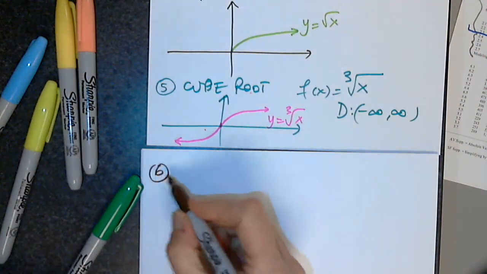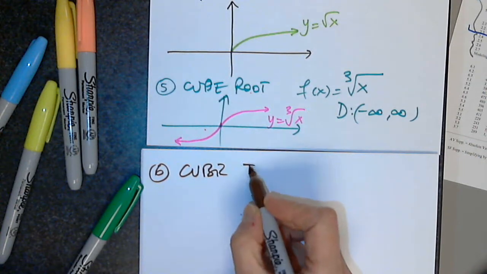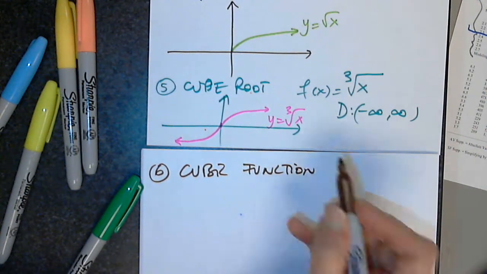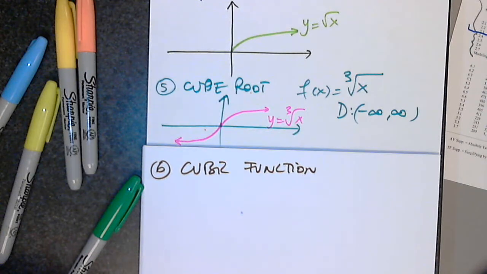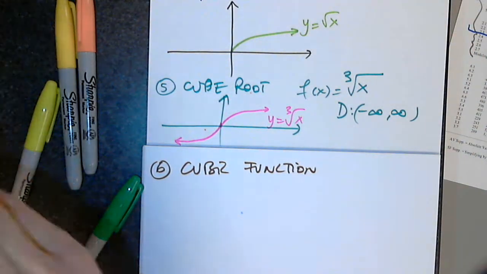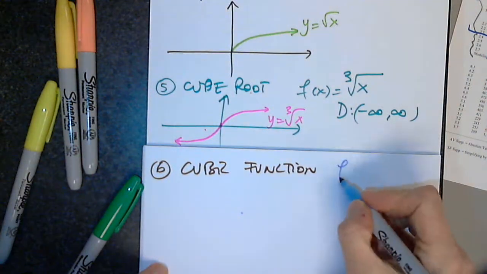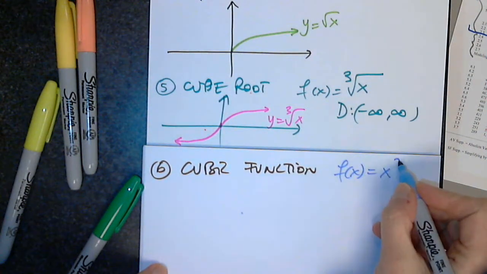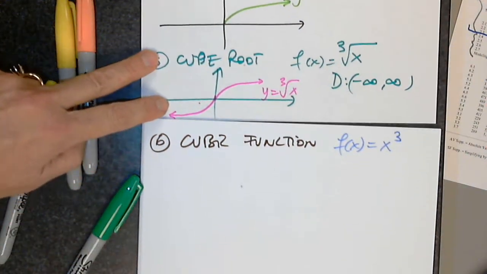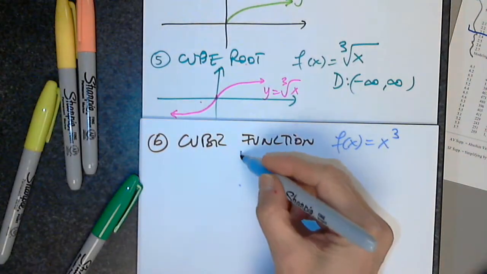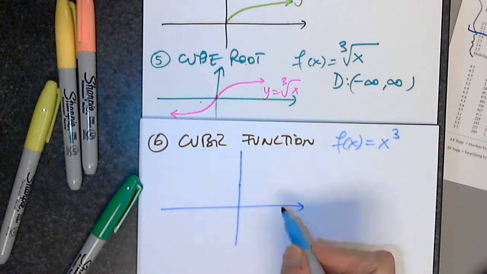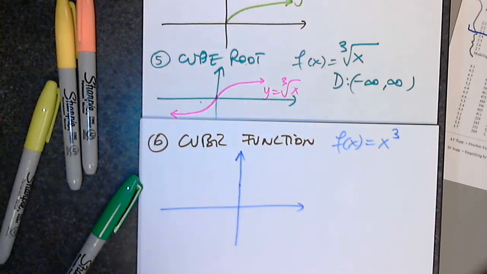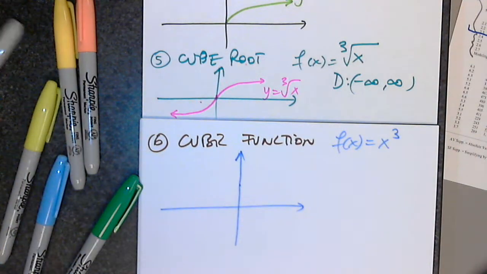Six, cubic function. What is the simplest possible cubic function? F of x equals x to the third. Here's the graph of x cubed.